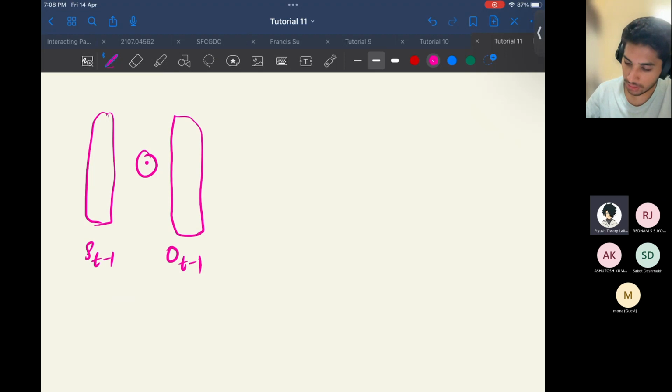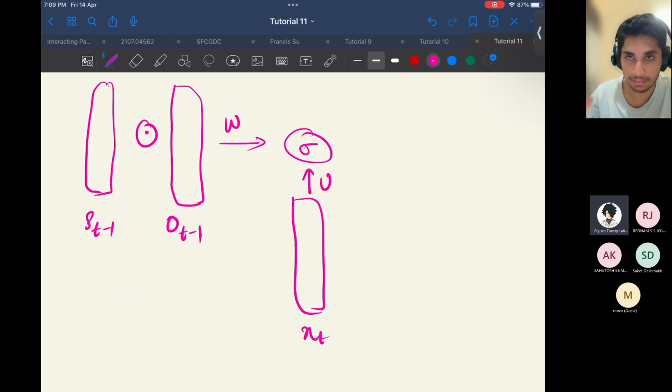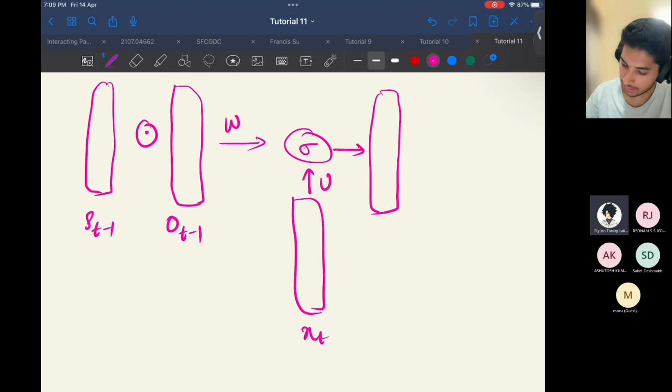You get something as output. There will be some xt that you forward, you multiply it with w and u and take the sigmoid, as we have been doing. Whatever the output is, you call it st tilde, and you use this to multiply it with another vector.